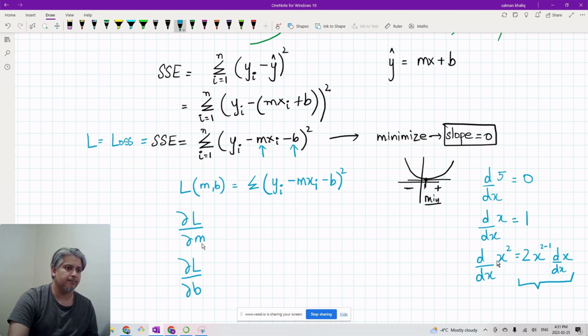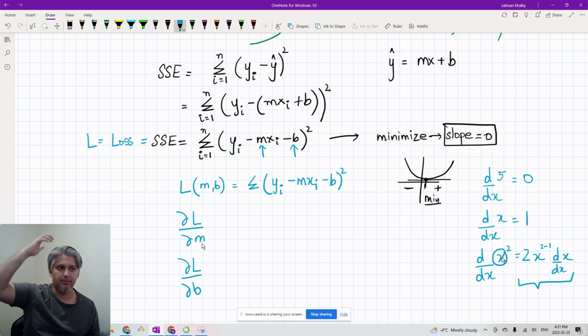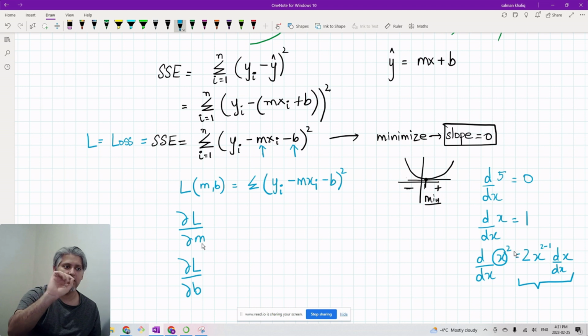Chain rule is basically that first you apply the power rule. Power rule says that you bring down the power, write down whatever was under the power as it is, then subtract 1 from the power, and then take the derivative of whatever was under the power. And you keep on doing that until you get rid of all the powers.